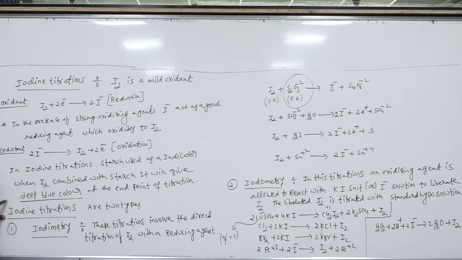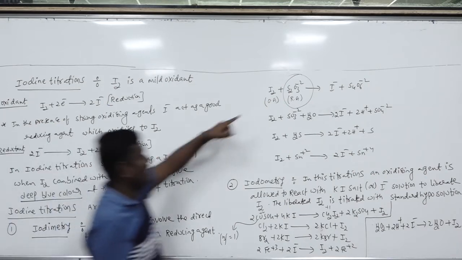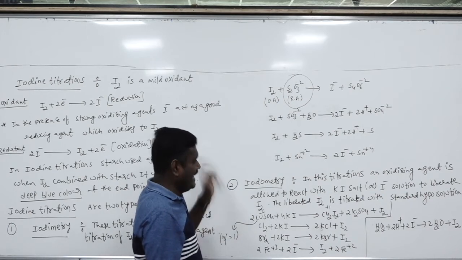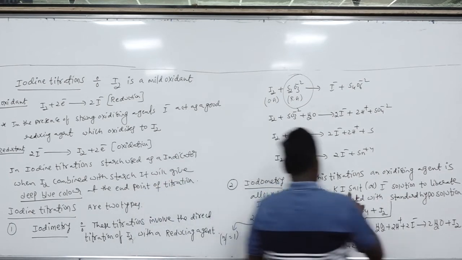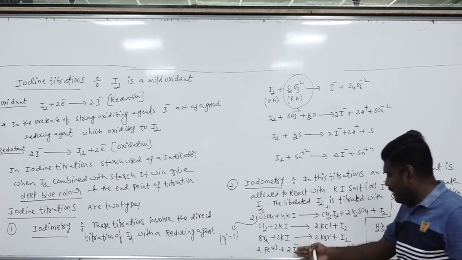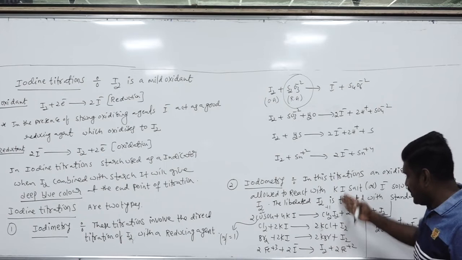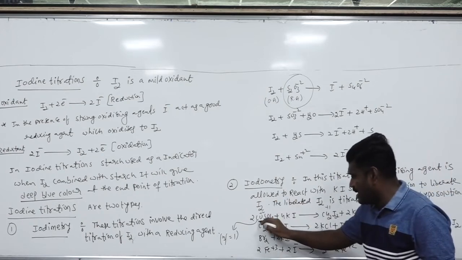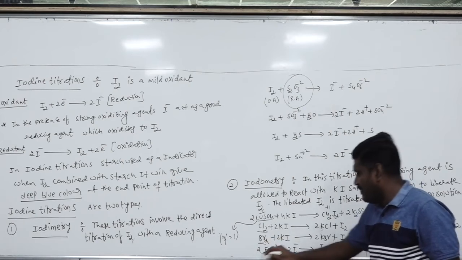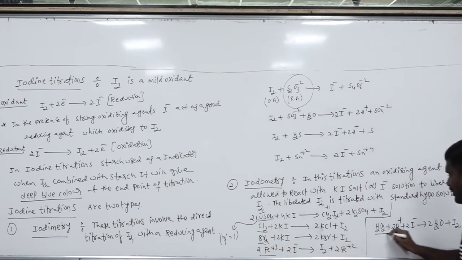Okay. Iodine titrations are of two types. Iodimetry means directly iodine is treated with some suitable reducing agents. Iodometry means indirectly. First of all, we have to take the iodide salt containing the I- ions. These I- ions are first of all oxidized to I2 with a suitable oxidizing agent, let's suppose cupric sulfate. Chlorine is a good oxidizing agent, also bromine, ferric ions, and hydrogen peroxide.